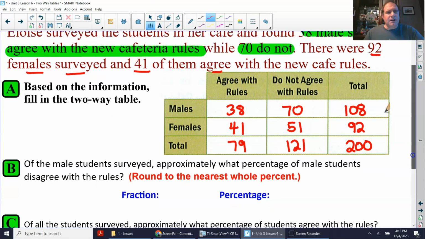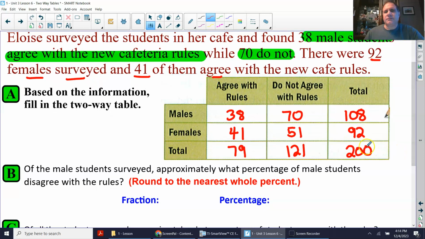All right? Of the male students surveyed, male students only, 108. So I'm going to put that as the bottom part of my fraction. Of the male students surveyed, approximately what percentage of male students disagree with the rules? All right, so out of 108 students, how many disagree with the rules? 70.